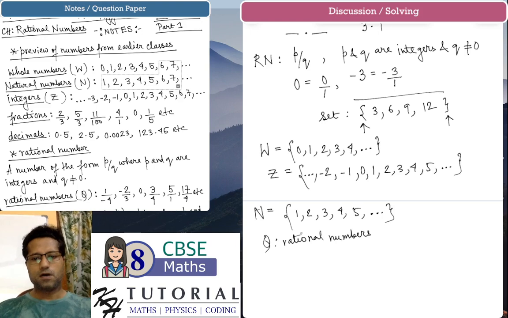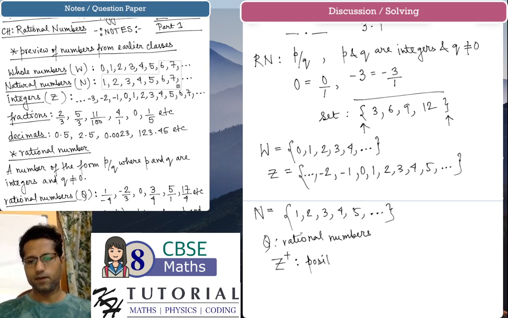Z plus is used to denote positive integers. The collection of positive integers is denoted by Z plus, and Z minus is used to denote the set of negative integers.